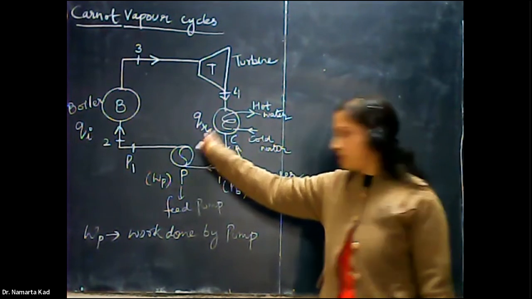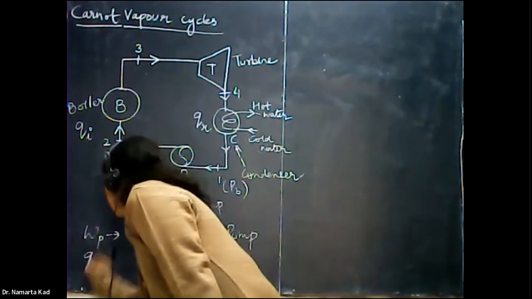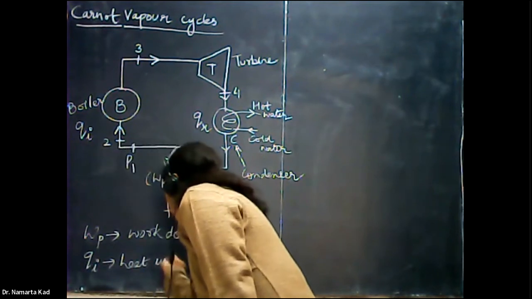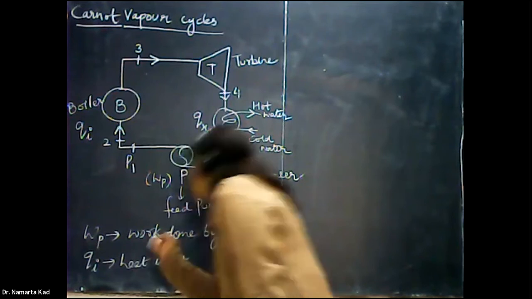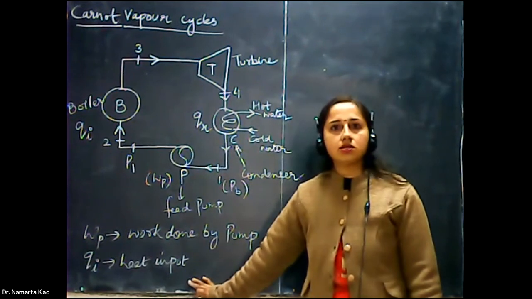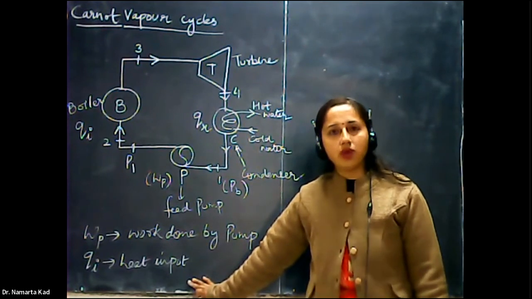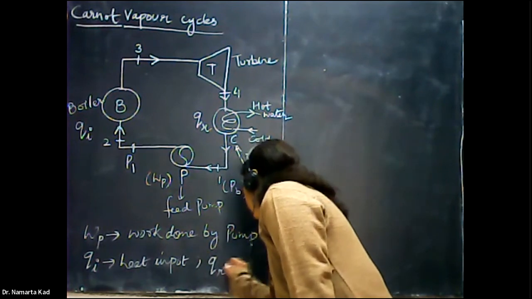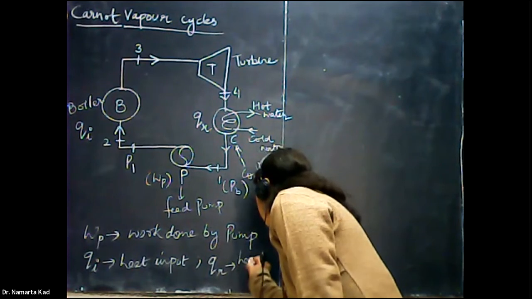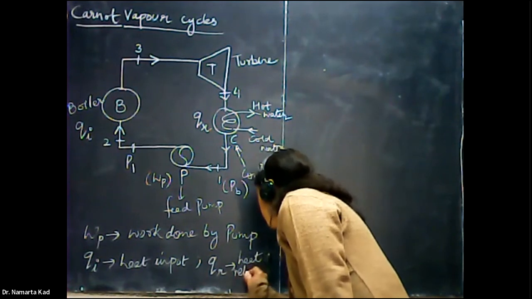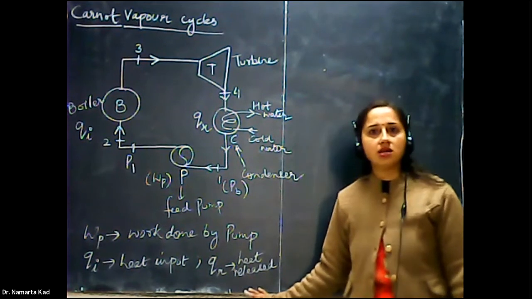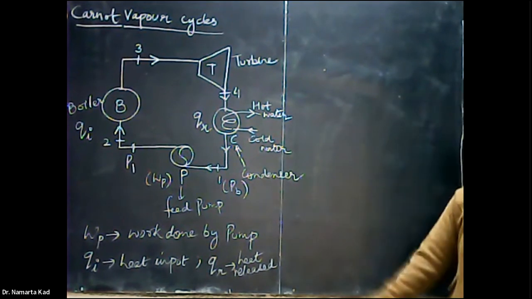QI is the heat input, or you can say the heat absorbed in the boiler, and similarly QR is the heat released in the condenser.